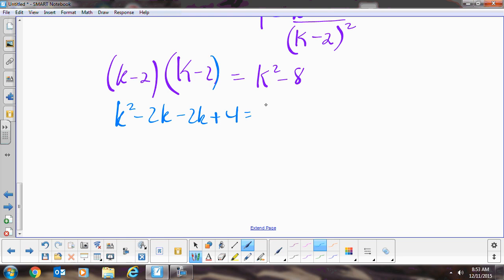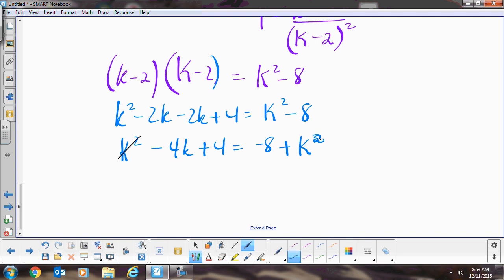What happens to the k squareds? They cancel. So now when I add negative k squared to both sides, they're gone. I'm going to add negative 4, and we're going to get negative 4k equals negative 12.